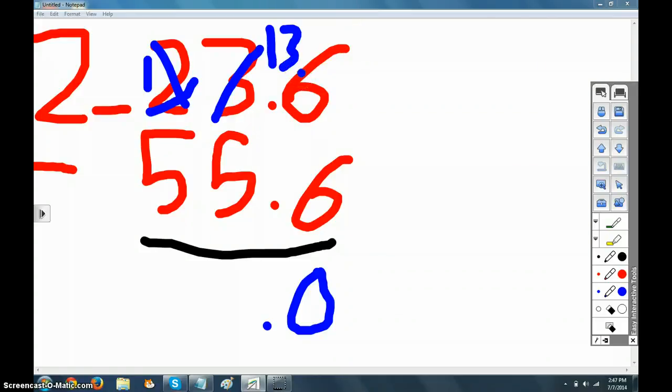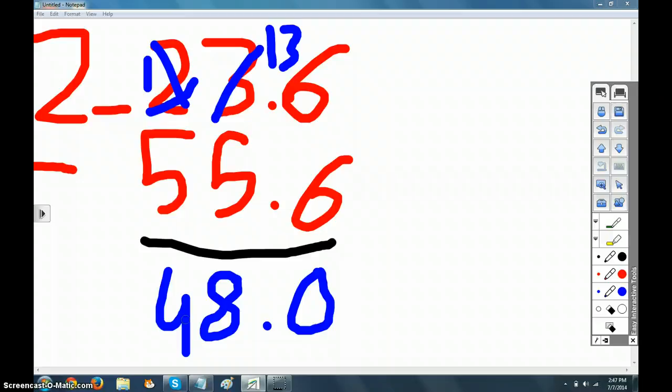Count with me: 13, 12, 11, 10, 9, 8. So it's going to be 8 here. Then 1 minus 5. What are we going to do? We cannot do it, so we do 5 minus 1. So it's going to be 4. So it's 48.0.